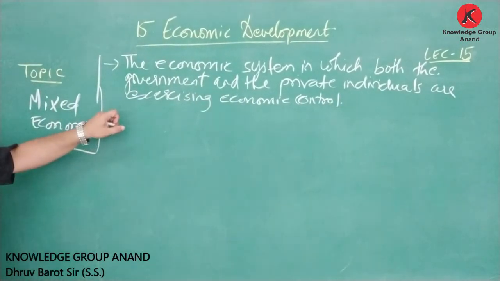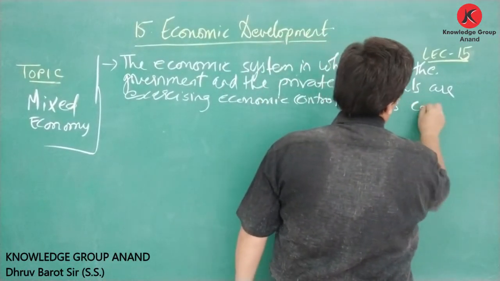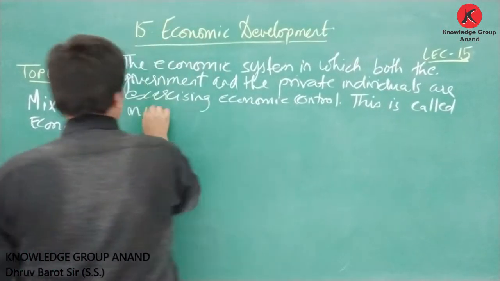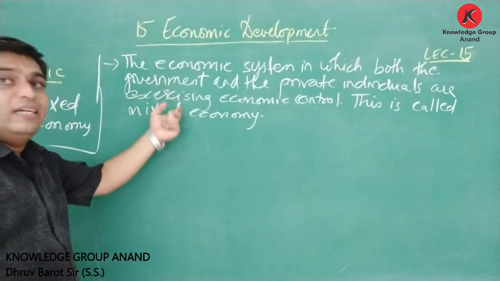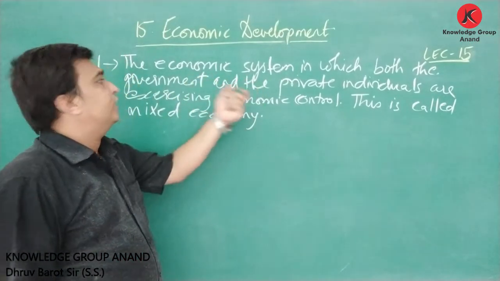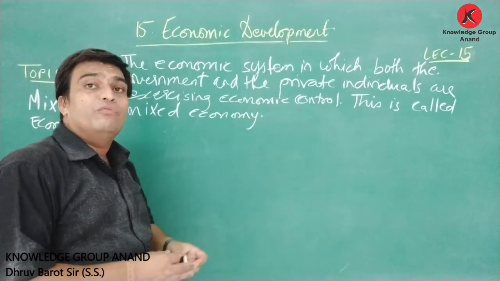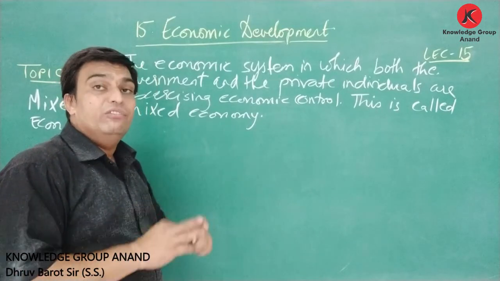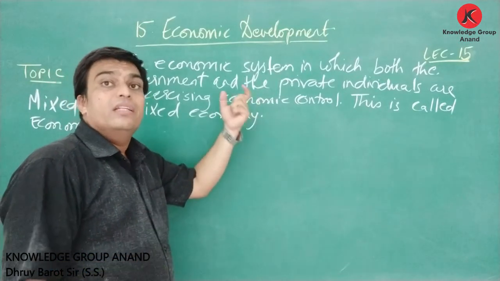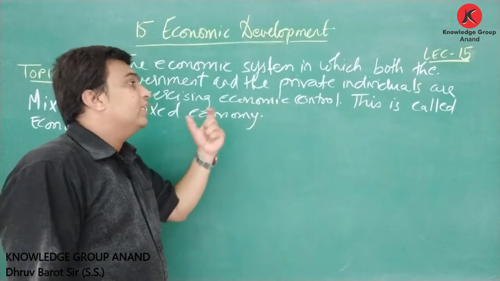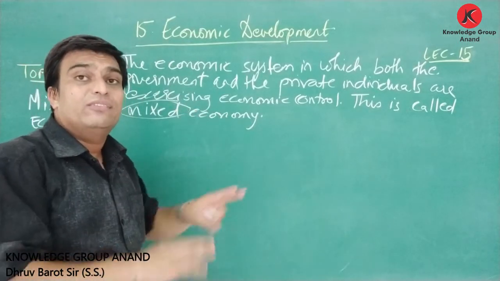They are exercising economic control. This is called mixed economy. Friends, what is mixed economy? Here the clear definition is there. The economic system in which both the government and the private individual are exercising economic control. Both of them, the government and the individual, are sharing to take any kind of decision related to economy. The economic control is in the hand of the individual as well as the government, and that is why it is known as mixed economy. Mixed means the mixture of government as well as the individual.